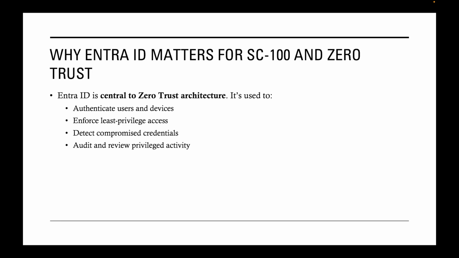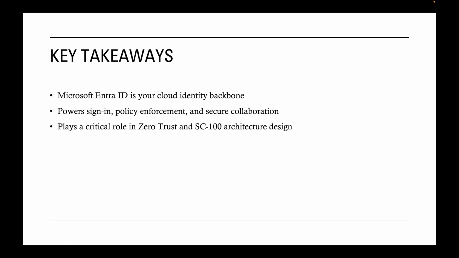So, why Entra ID matters for SC-100 and Zero Trust. Entra ID is central to Zero Trust architecture. It's used to authenticate users and devices, enforce least privilege access, detect compromised credentials, and audit and review privileged activity.